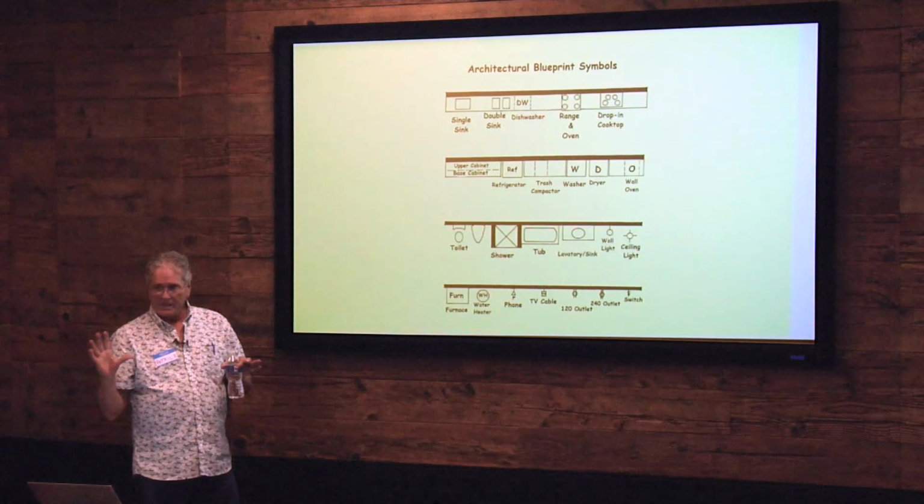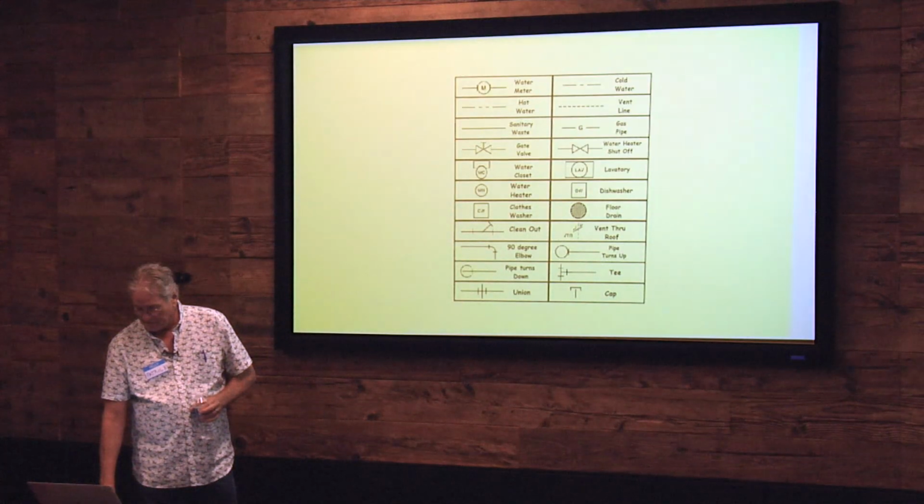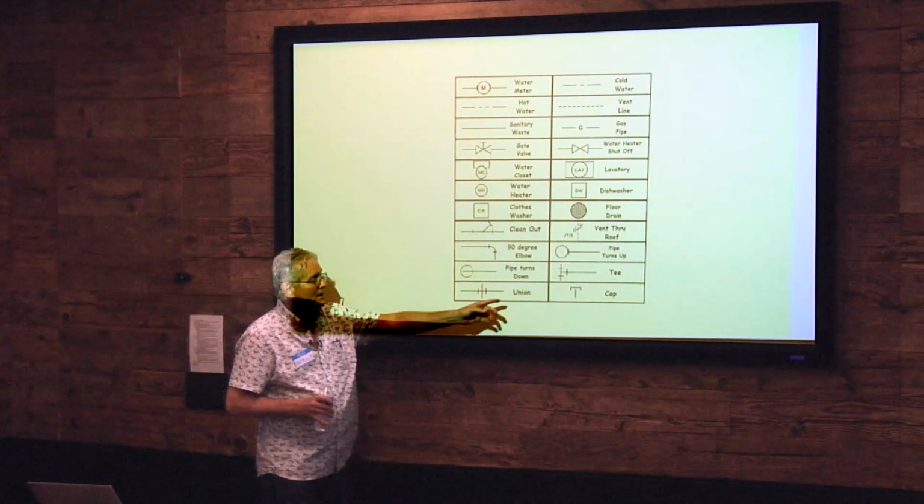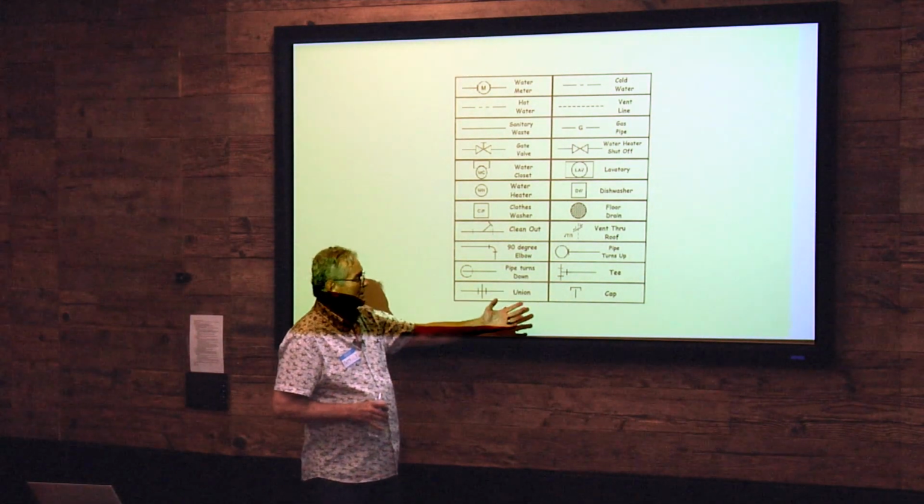When I show the real plans up on the screen here, you may see some of these things and you may not, but the labeling of them is what's important. Make sure you know what those labels mean.